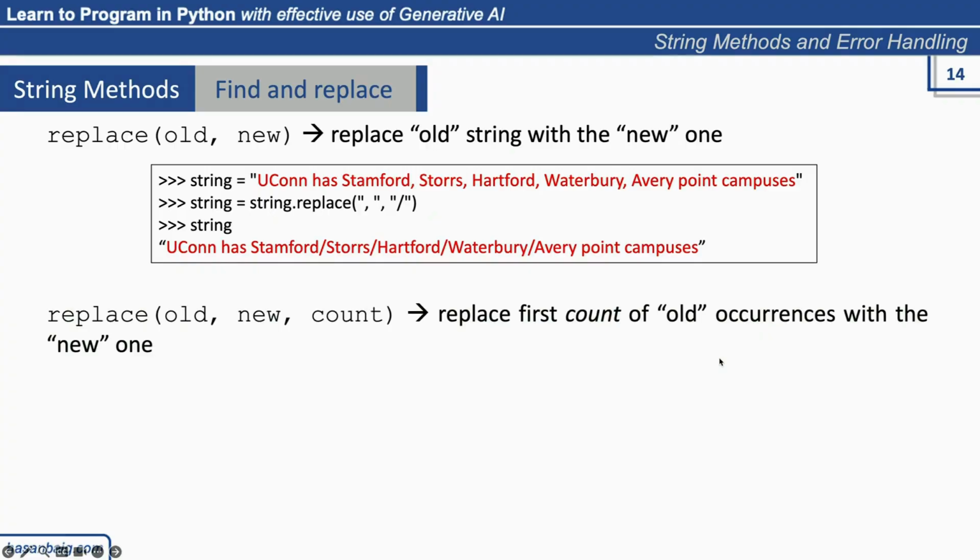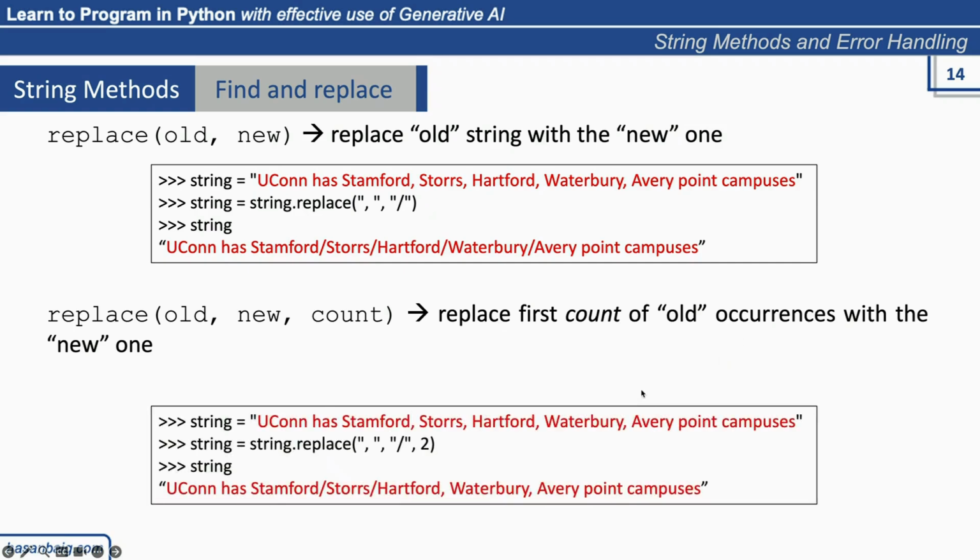The next is replace old, new, count. This time I'm specifying that I want to replace the first two occurrences of comma. You can see the first two occurrences of comma are replaced while the others remain the same. While I'm discussing this, you can easily interpret what kind of questions you may expect in your exam.